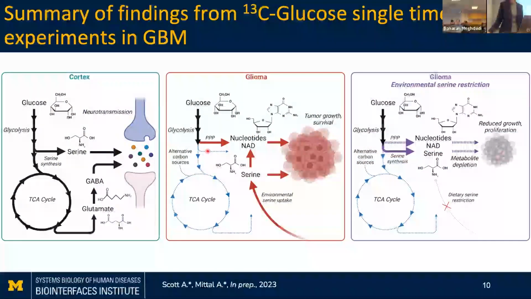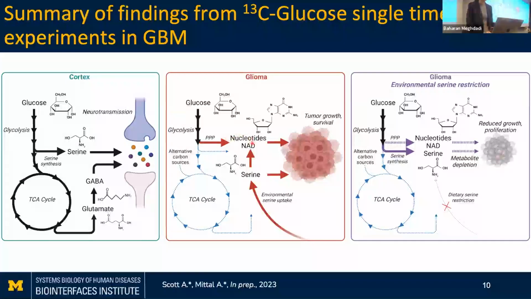To summarize all of these results, because the enrichment of glycolytic intermediates was similar between cortex and glioma, we understand that glycolysis is important for both cortex and glioma. We saw TCA cycle intermediates have lower enrichment in the glioma, so TCA cycle activity is lower in the glioma.